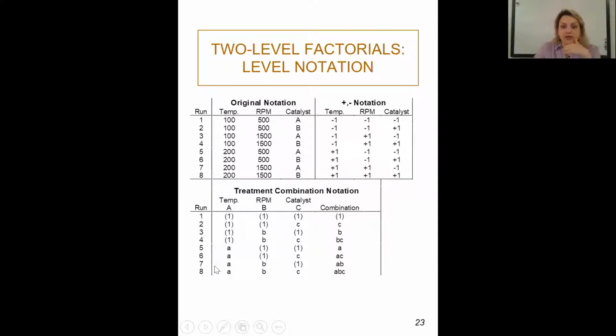Or for example, instead of run number 7, instead of writing down 200, 1500 and catalyst, we can write down AB, because A is at high level, B is at high level again, and then we would have the catalyst on the low level. So we can show it by AB.